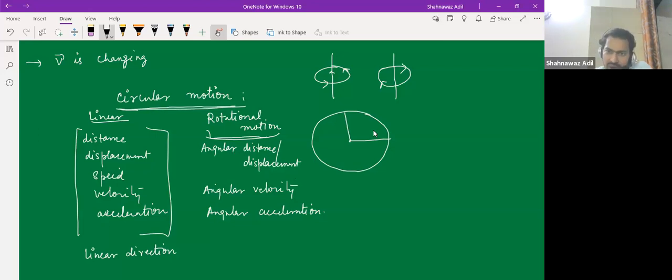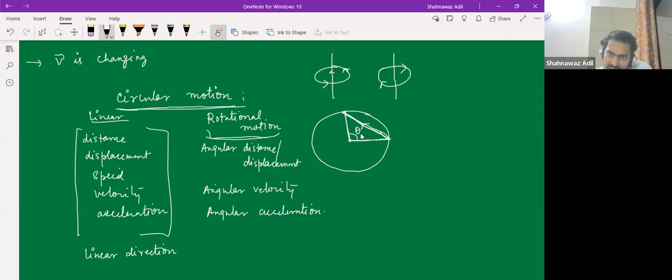So if the object started from here and reached here, this is the linear displacement that it covered. But angularly, this is the distance that it covered. So this was some initial position, and the object reached here.